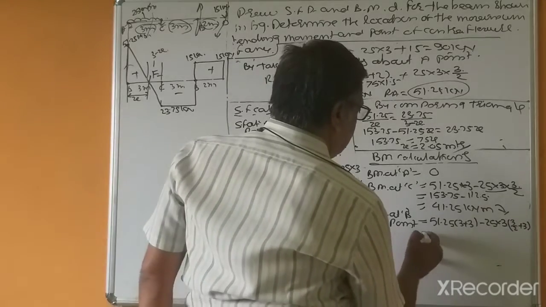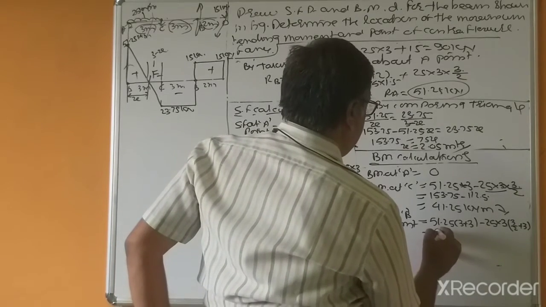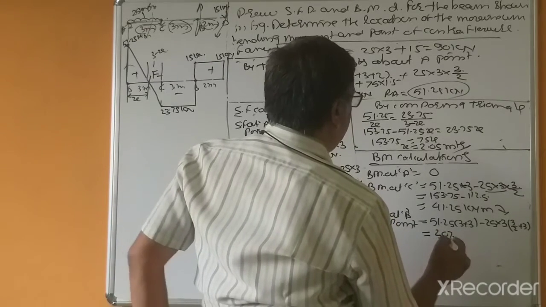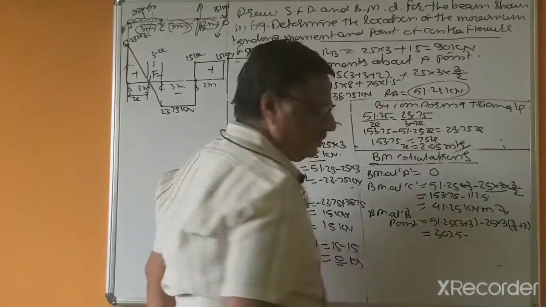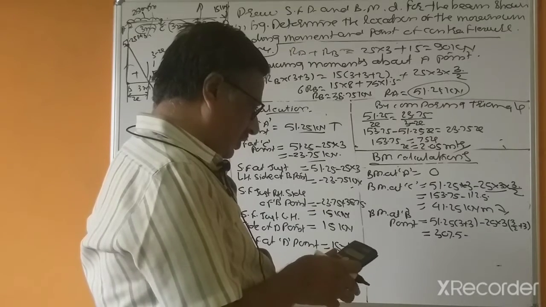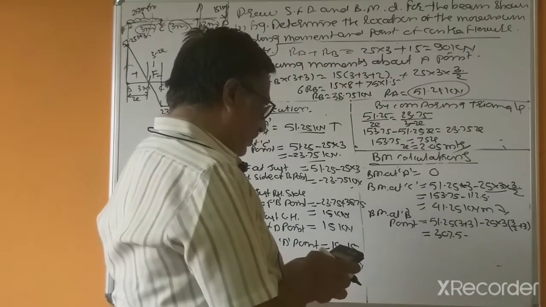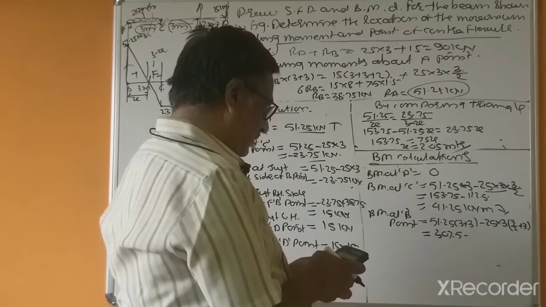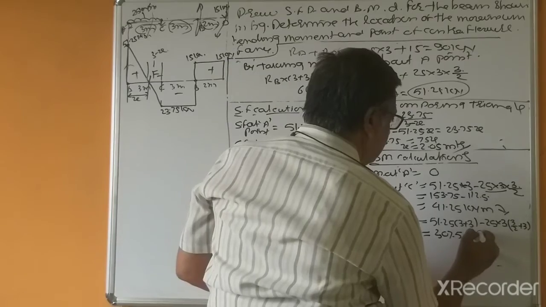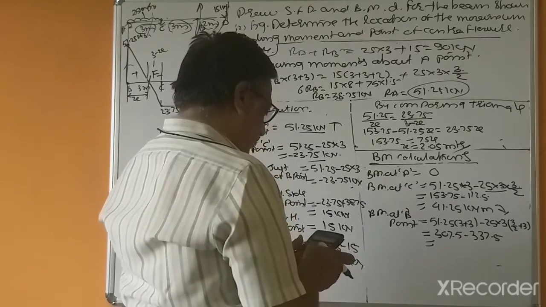Alright, 51.25 multiplied by 6, that is 307.5, and 75 into 4.5, 337.5, minus 307.5.